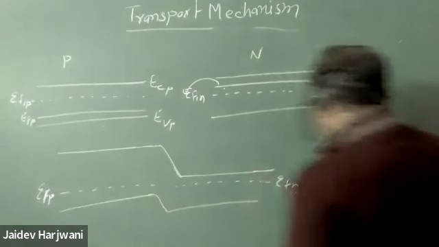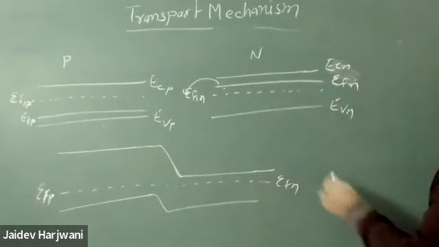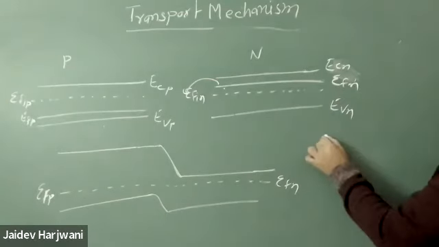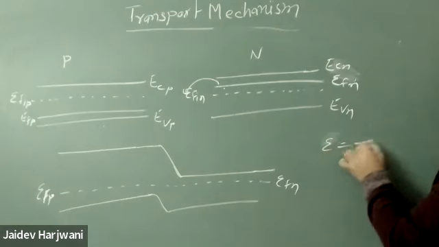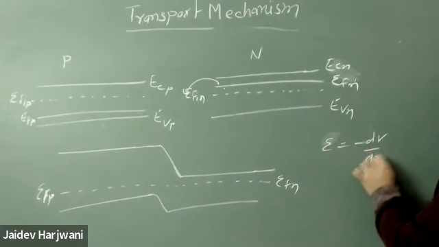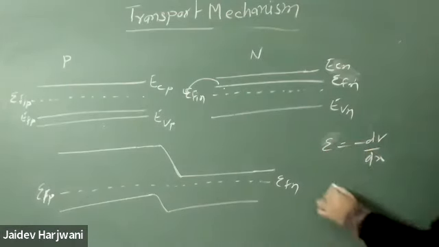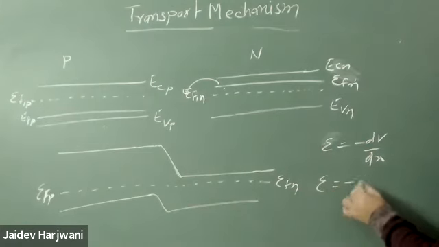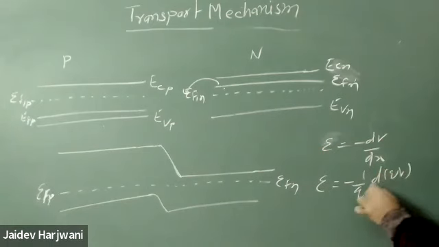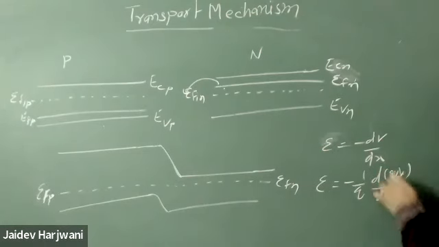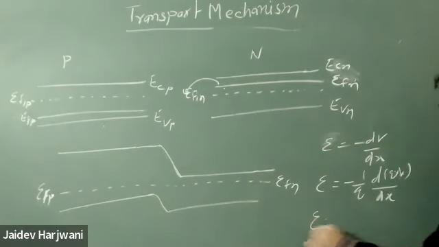So potential developed, what? How do you write it? Electric field is minus dV upon dx, the gradient of voltage. So E is minus, if I multiply by q and divide by q, this becomes qV upon dx, and qV is the energy level of charge carriers.